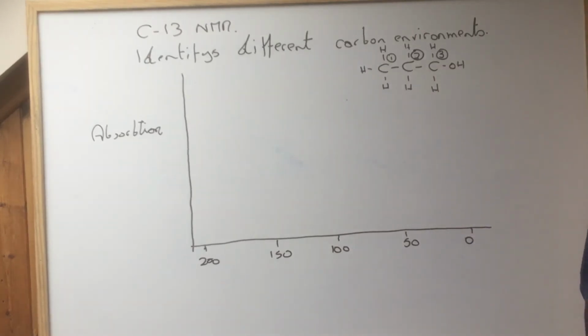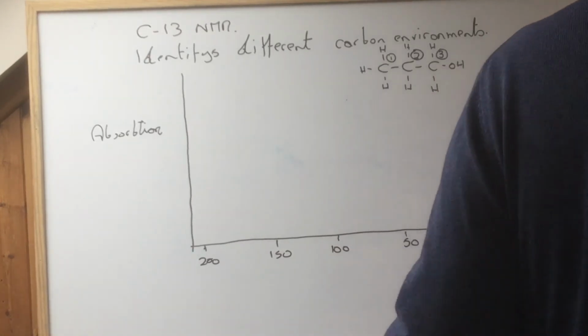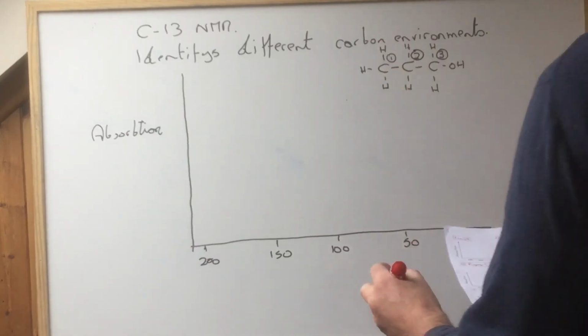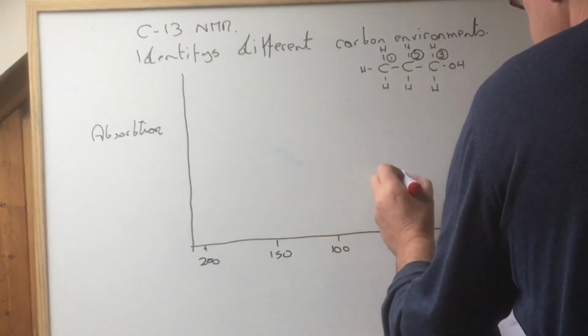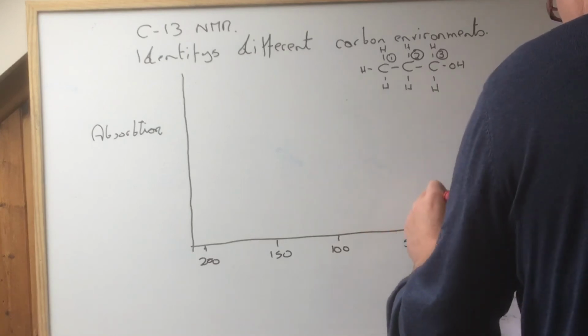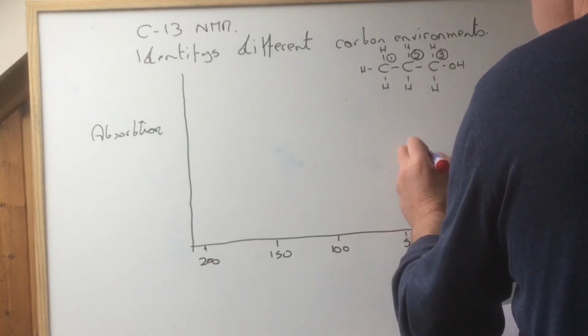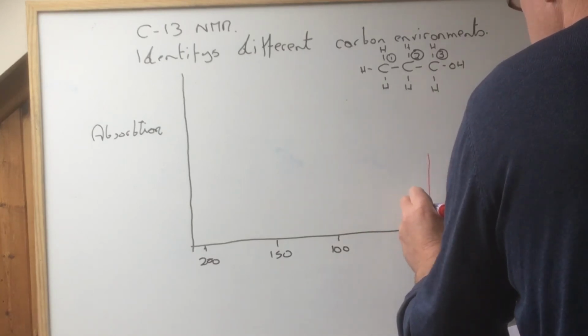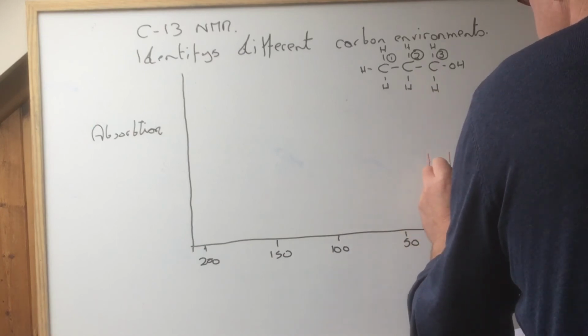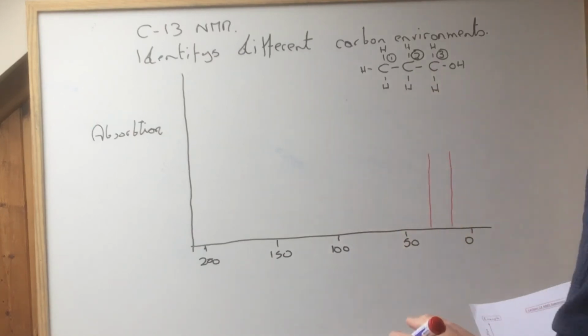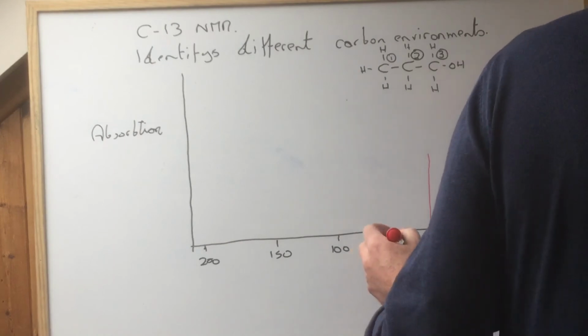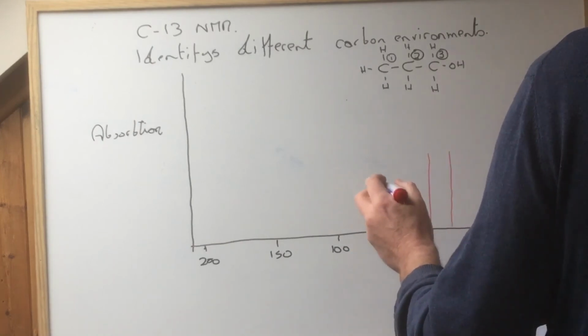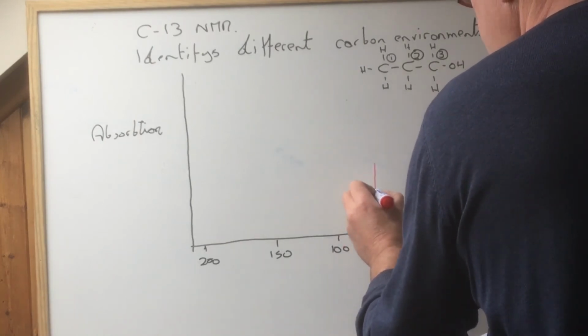In other words, I'm not too bothered about where these two appear. Okay, so in other words, 2 between 0 and 50. Never mind the height, 2 there. And 1 between, call it, say 70 odd there.